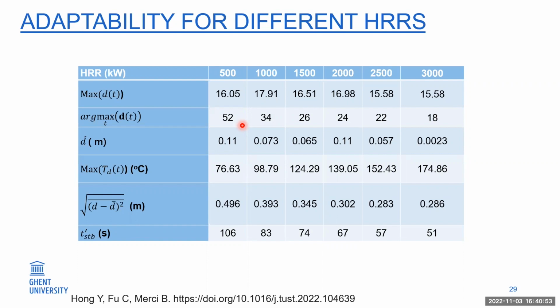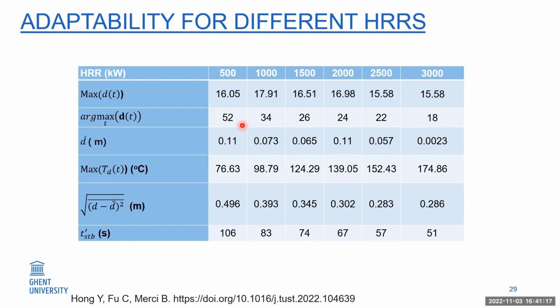The fifth metric is the variance of the backlayering length. It's showing the value is also very small. It means the smoke around the fire source also has a small fluctuation.